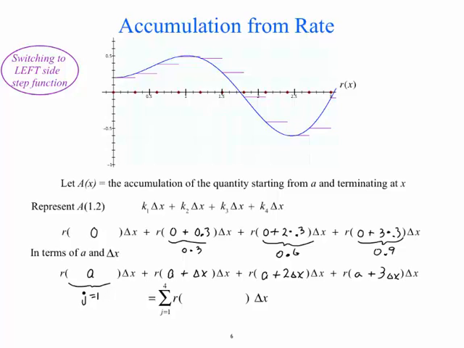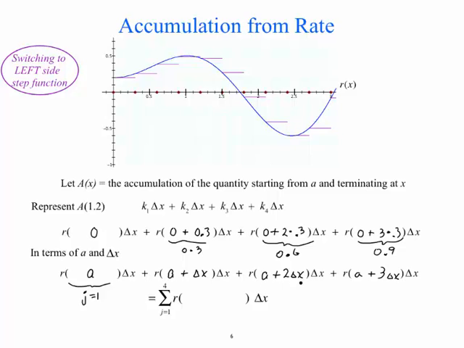So I need a formula of a, j, and delta x that's going to give me the right x value for the jth interval. So in the first interval, how many delta x's do we add? 0. In the second interval, how many delta x's do we add? Listen, in the second interval, we add 1 delta x.